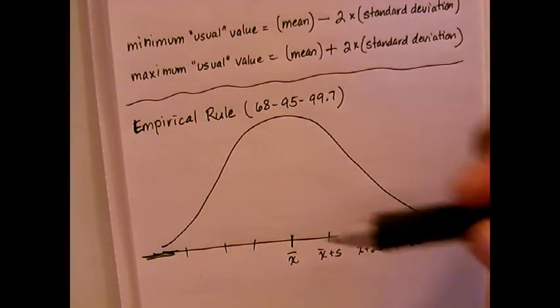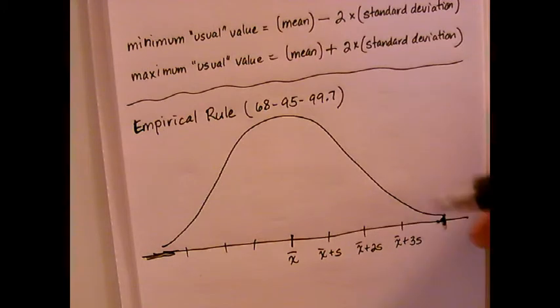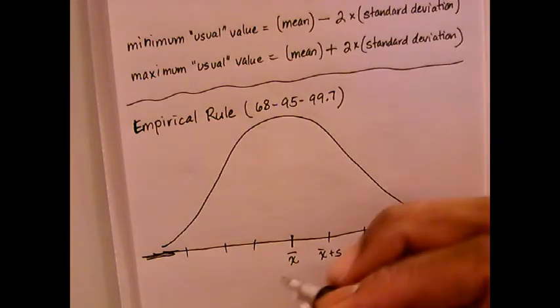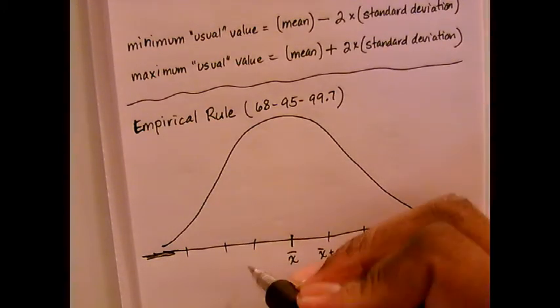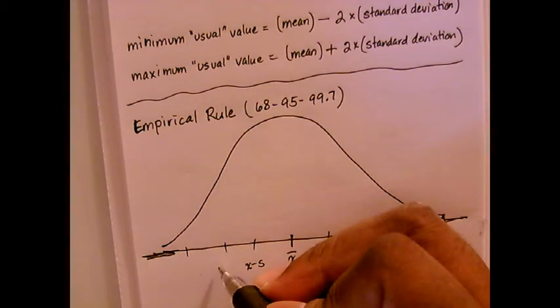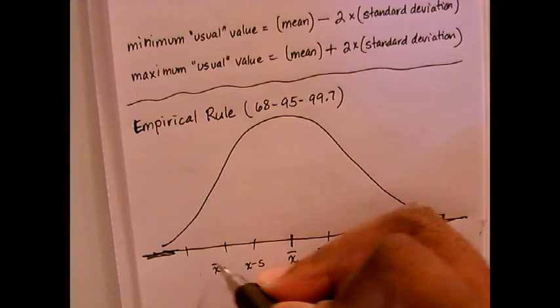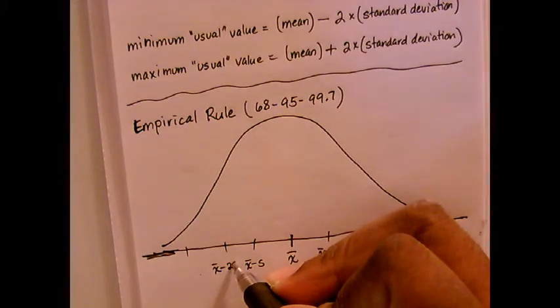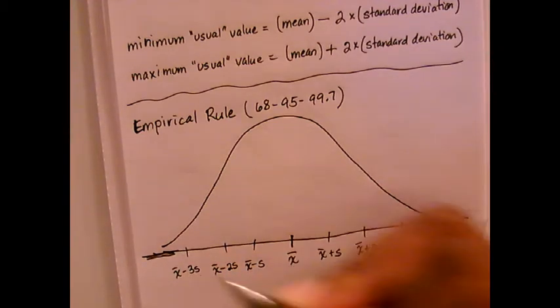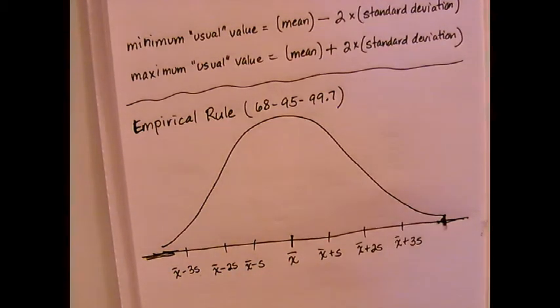Each one of these represents one standard deviation past the mean. And if I go to the left, this will be x bar minus s. If I go another standard deviation to the left, it'll be x bar minus 2s. And then another one will be x bar minus 3s.